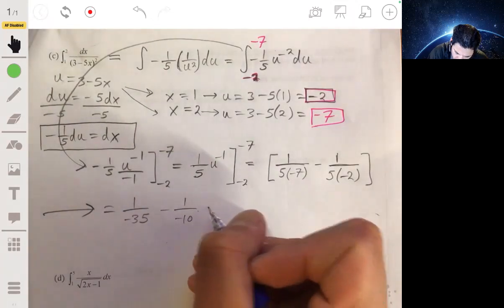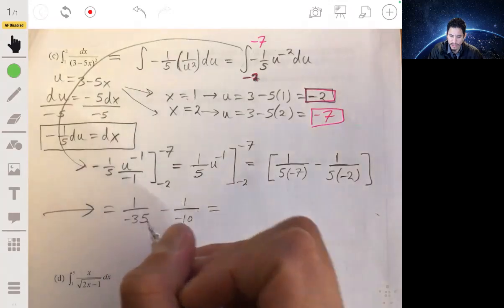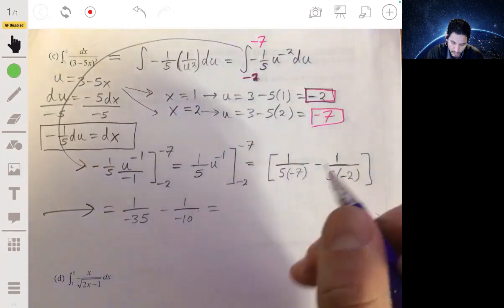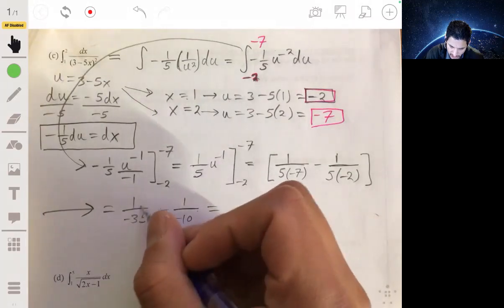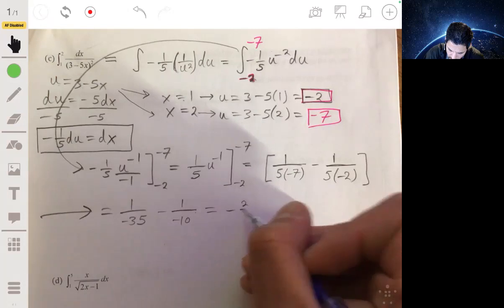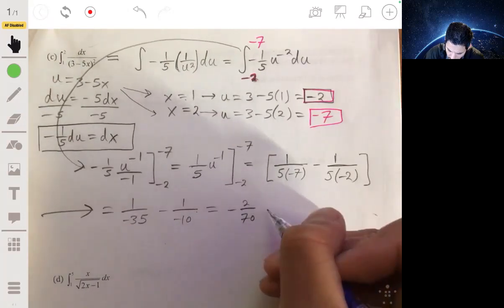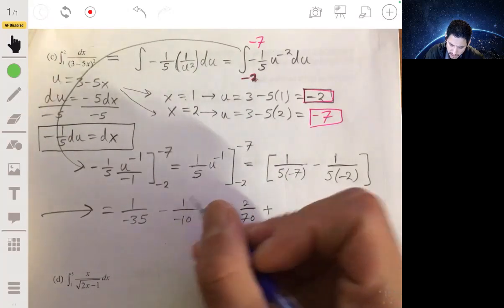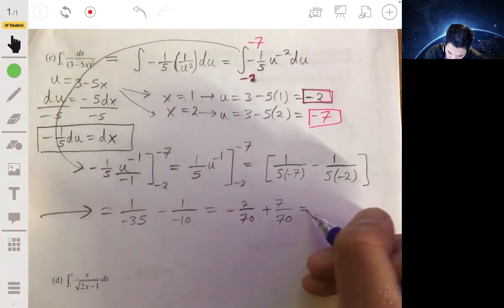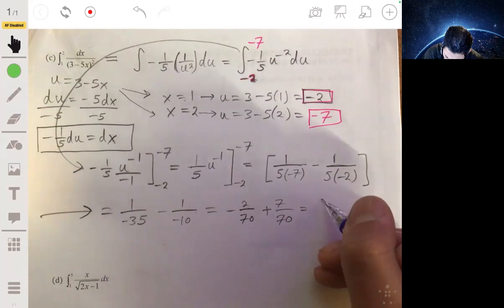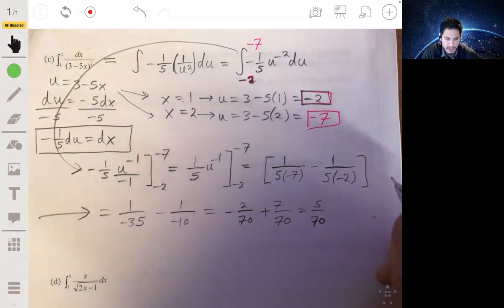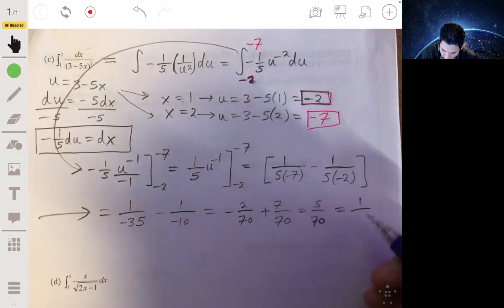Let me just rewrite it like this: this is just 1 over negative 35, or negative 1/35, plus 1/10. And we can rewrite this in terms of 70. So this will be negative 2/70 plus 7/70. Now this is 5/70, which is the same as 1/14.